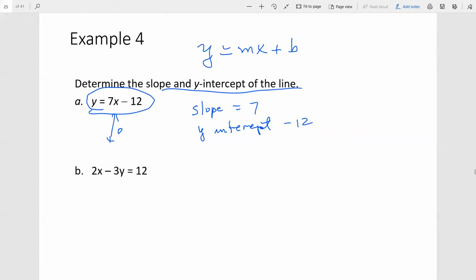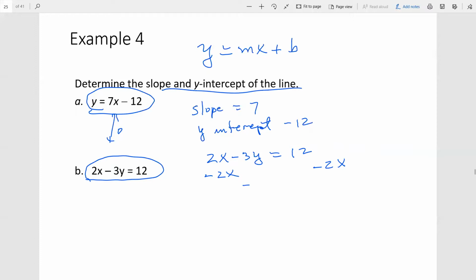Now, if you see the line written like this, it's not in the form y equal mx plus b. So we have to solve for y. So let's go ahead and write 2x minus 3y equal 12. Subtract 2x from each side.